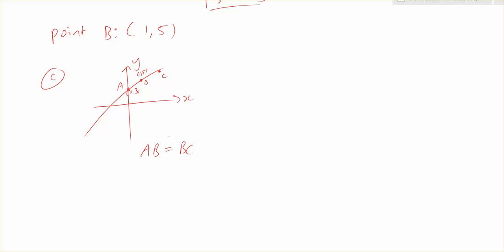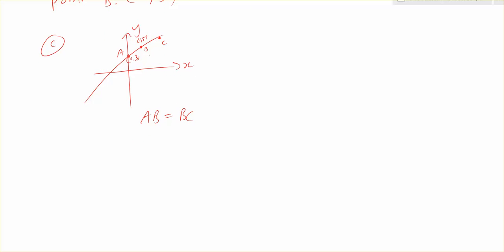So the distance has to be the same. Essentially B would be the midpoint of this line. I'll draw this line properly. It's meant to be a line, not a curve, but you get the idea. We've got a situation where B is the midpoint, so we can use the midpoint formula to work out what C is.